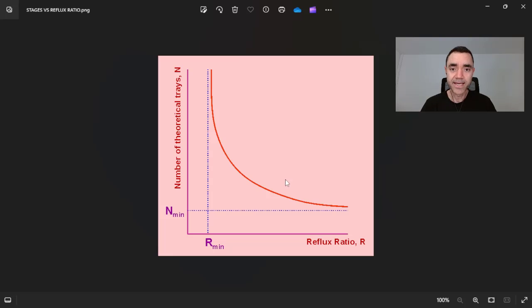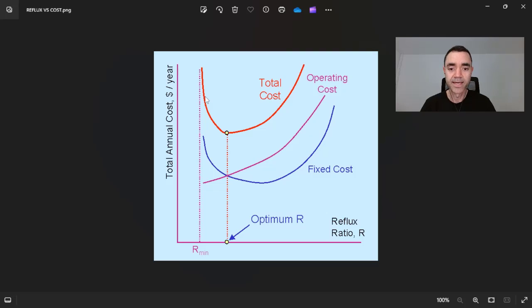So we have seen that there is a relationship between the number of theoretical trays in a column and the reflux ratio defined, and there are some limits for the minimum and for the maximum of these variables. And why is this so important? This is so important because there are two costs associated with a project.